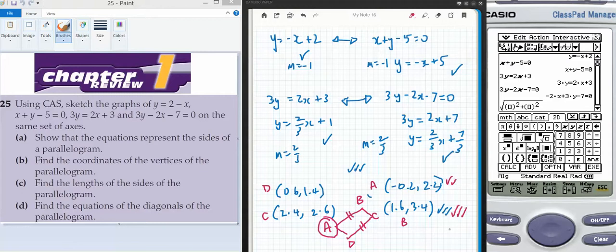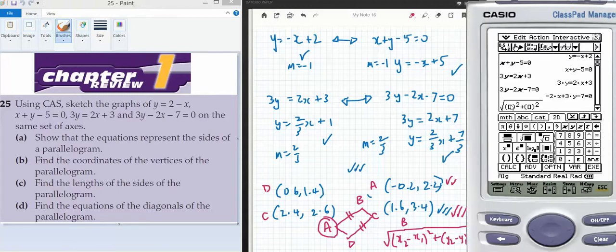And my distance formula tells me that it's the square root of x2 minus x1 squared plus y2 minus y1 squared. So here we are. The square root of x2 will be 1.6.